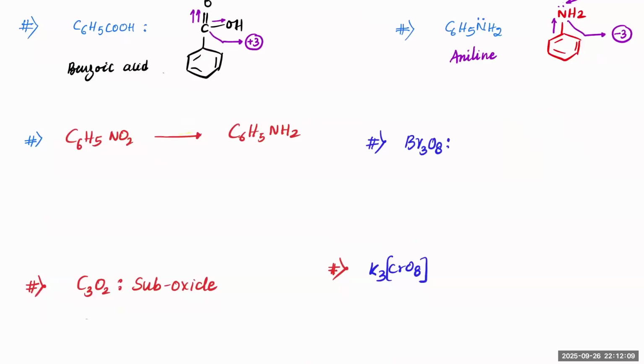Next, here C6H5NO2. This is nitrobenzene. So basically, same thing we have. C6H5 is benzene structure, and then we have the nitro group. That is N double bond O, O minus and plus.